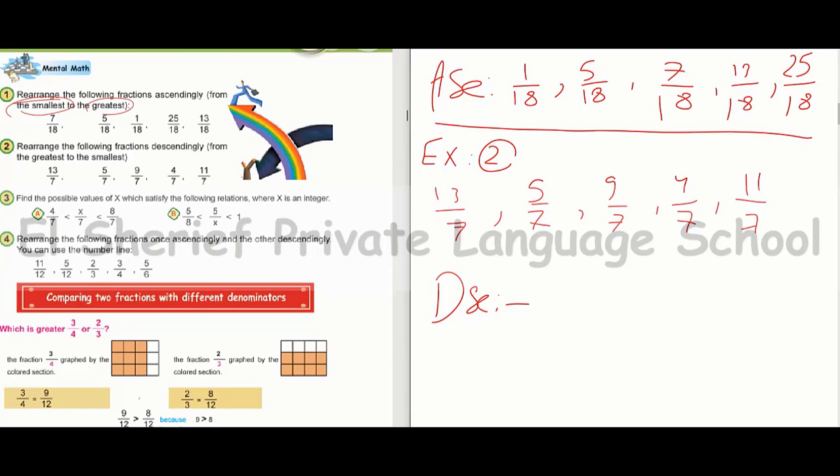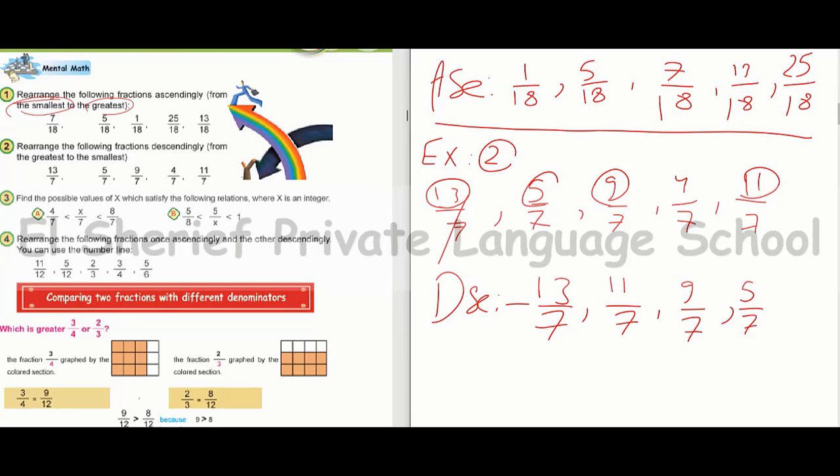The greatest numerator here is 13. So 13 over 7, then 11 over 7, 9 over 7, 5 over 7 and the last 4 over 7. So 13, 11, 9, 5, 4, from the greatest to the smallest.